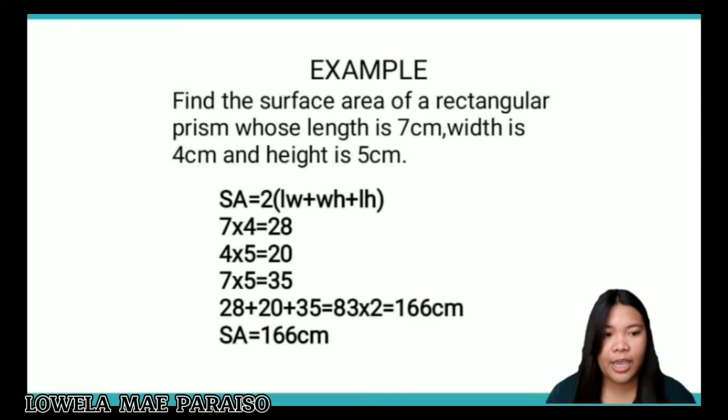So, kailangan lang natin siyang i-add lahat para makuha yung sagot. So, 28 plus 20 plus 35 is equal to 83. So, kailangan natin siyang i-multiply by 2. So, ang sagot is 166 cm. So, the surface area is equal to 166.